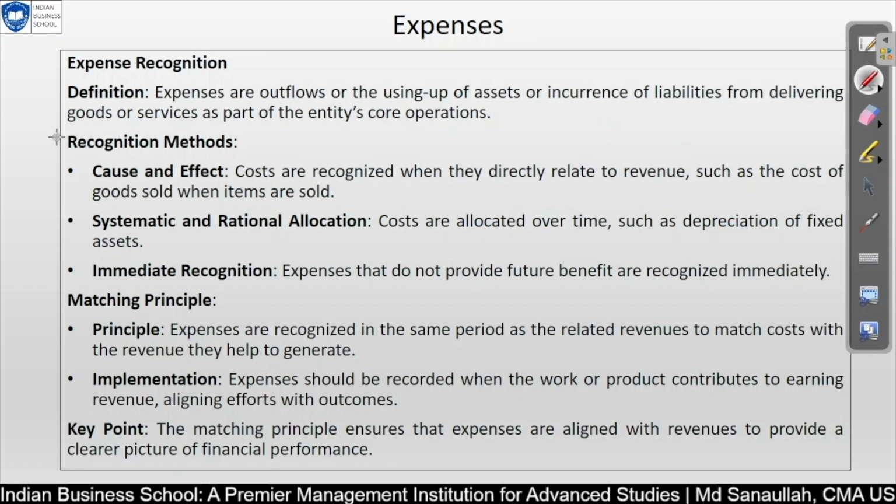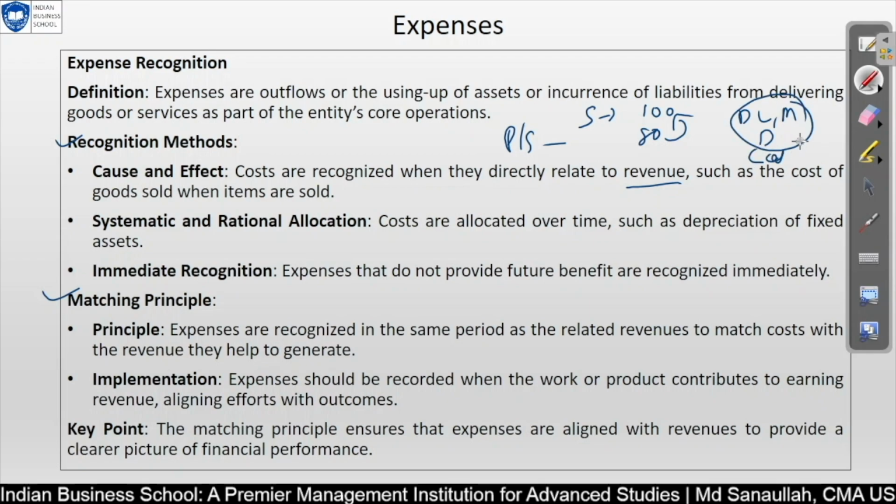There are two methods for recognizing the expense. First is recognizing by cause and effect. We need to recognize the expense when it is directly related to revenue. When you have a sale for 100, and the product or service costs 80, that is directly related. Direct labor, direct material, other direct costs, and other indirect costs like rent are all part of your cost of goods.